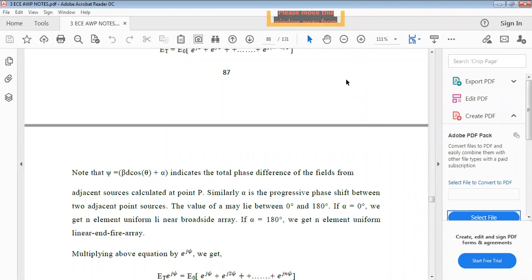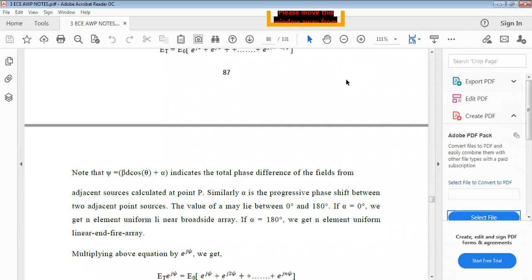And case 2. It's just like a two variable Boolean expression: 0 0, 0 1, 1 0, 1 1. Case 1: identical point sources and identical excitation. Second case: identical point sources, non-identical excitation.